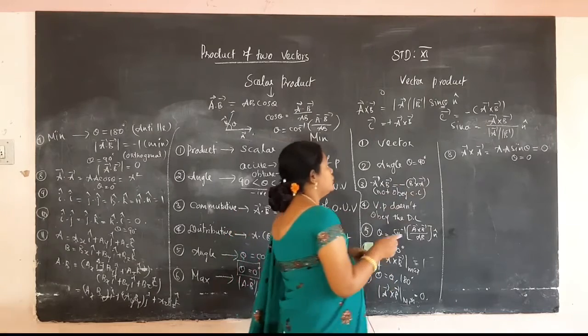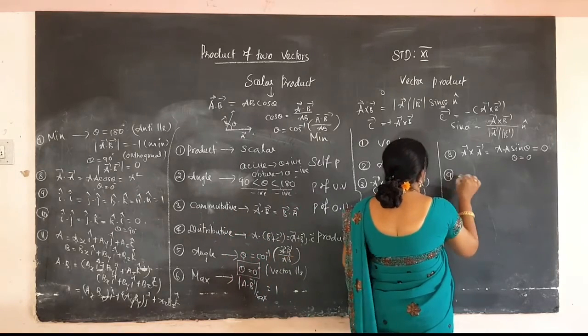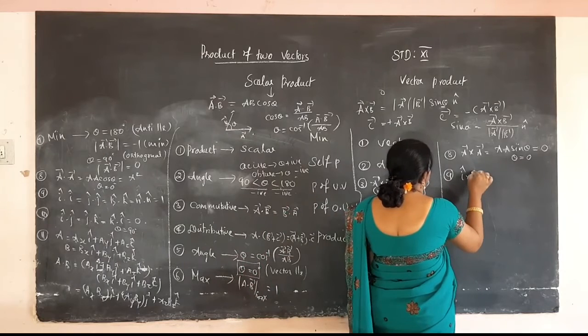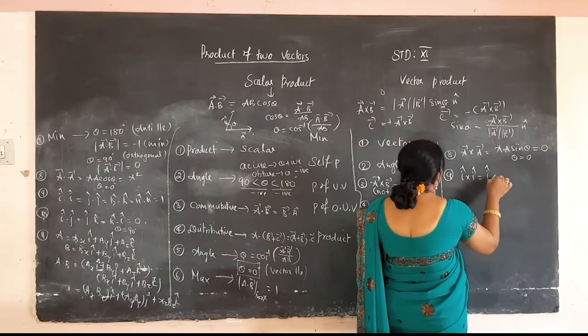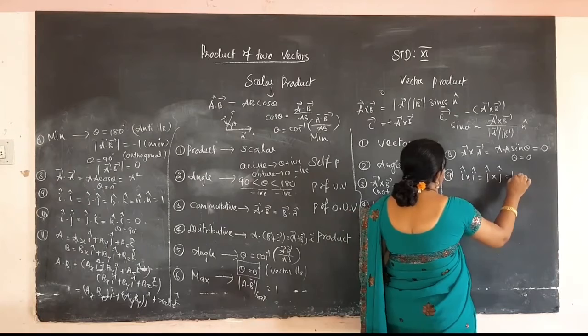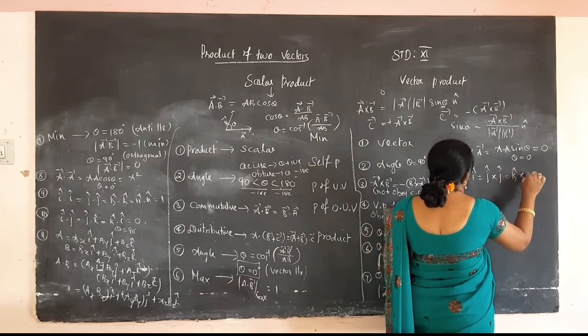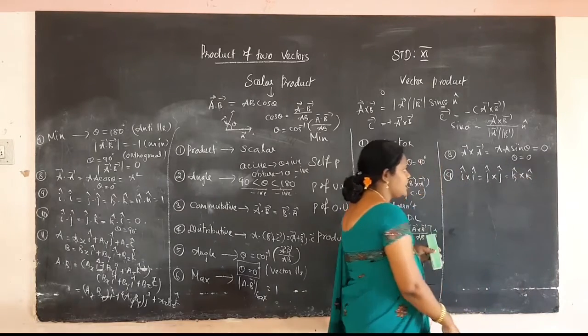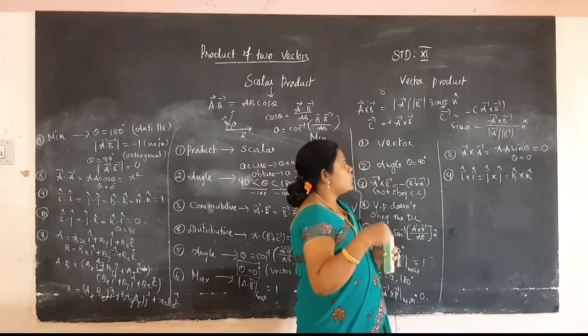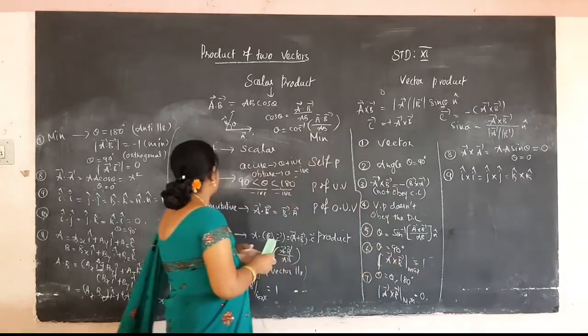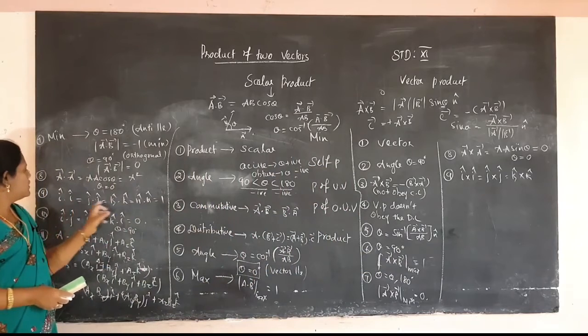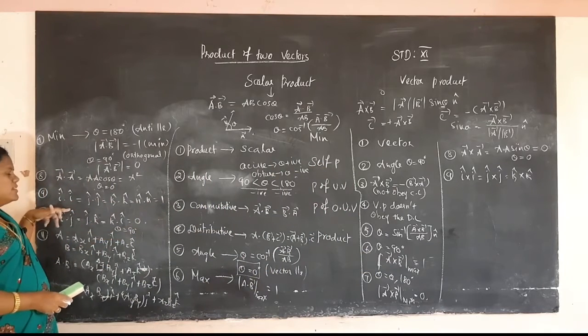Okay. Then unit vectors. Unit vectors means I vector cross I vector, J vector cross J vector, K vector cross K vector. I cross I, J cross J, K cross K. In scalar product that the value is 1.